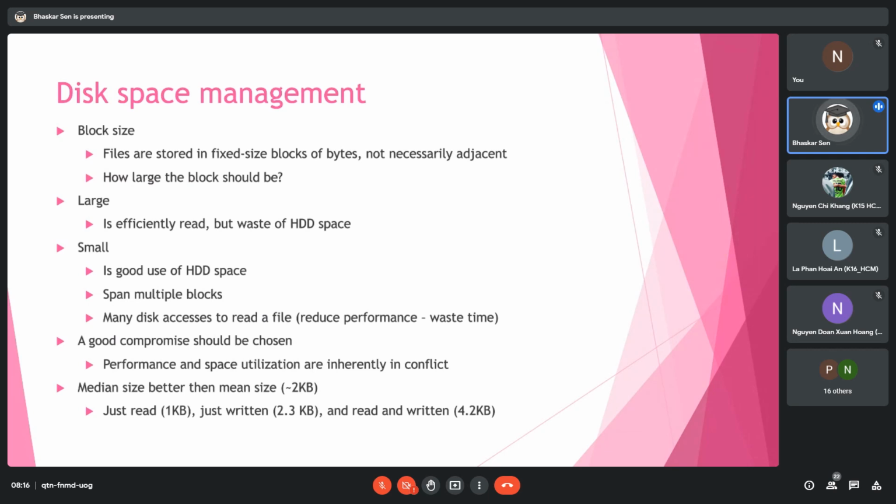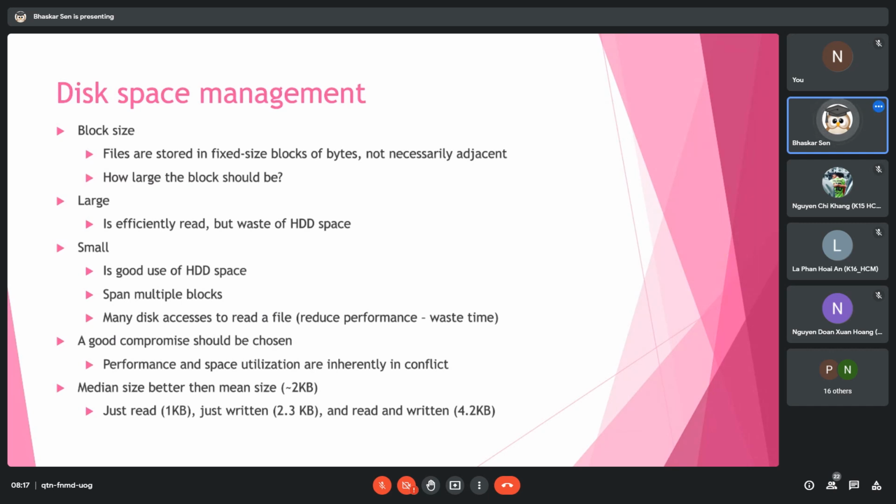Again, the same issue: what will be the block size? So we dealt with a common issue. It's all related to memory. Anyway, if it is large, it can be efficient, but wastes disk space. If it is small, it makes good use of disk space, but a file spans multiple blocks, and the disk accesses needed to read a file reduce performance and waste time.